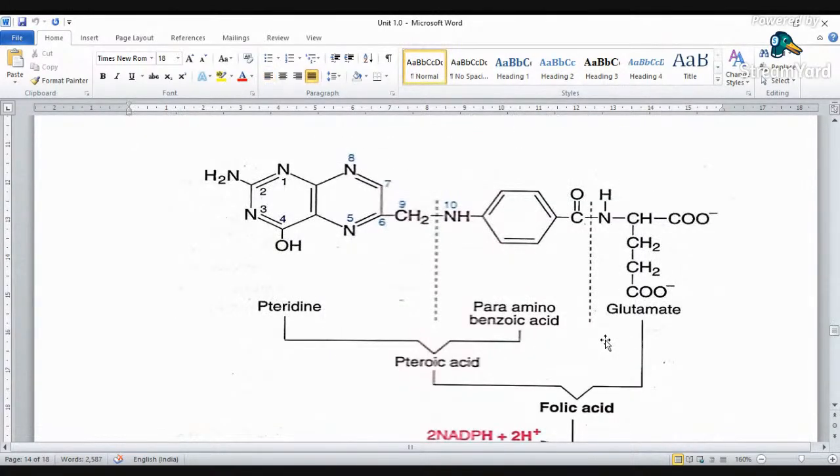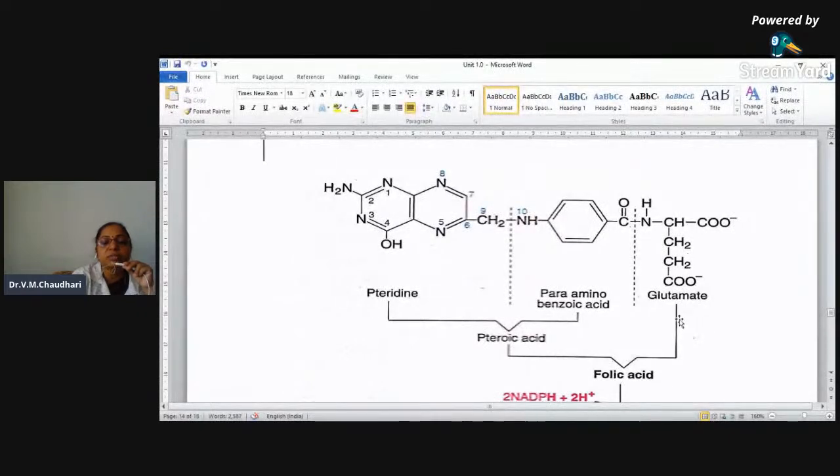This is the pteridine ring. Then this is the pteroic acid moiety, and this is para-aminobenzoic acid. Then the amino acid glutamate joins, and it forms the structure of folic acid.